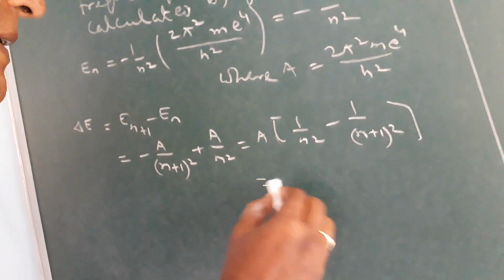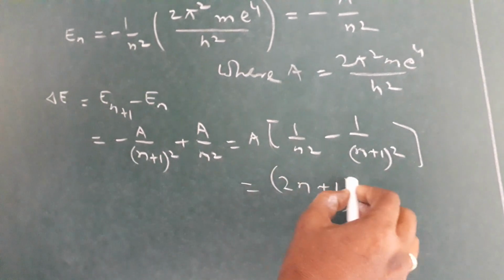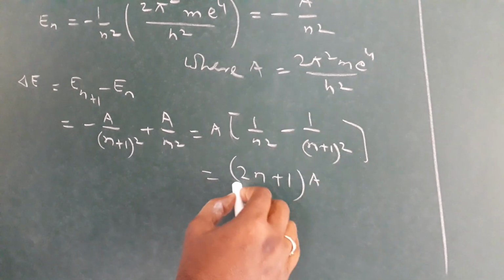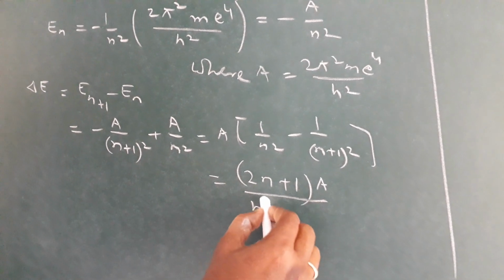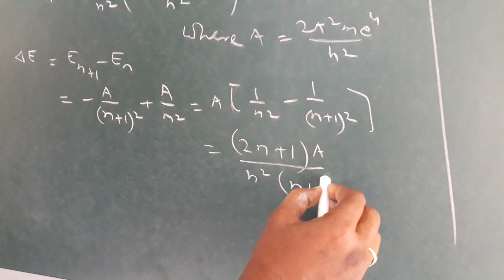This equals 2n plus 1 into A divided by n square into n plus 1 whole square.